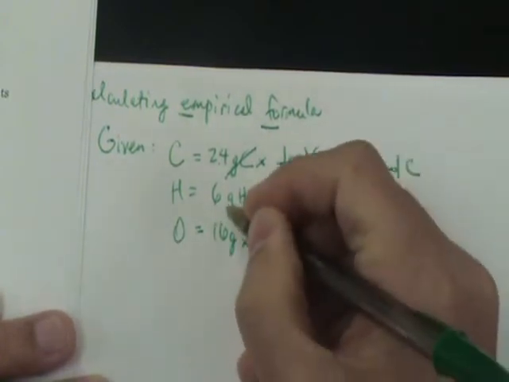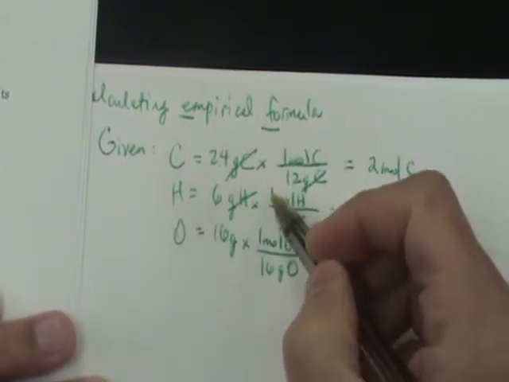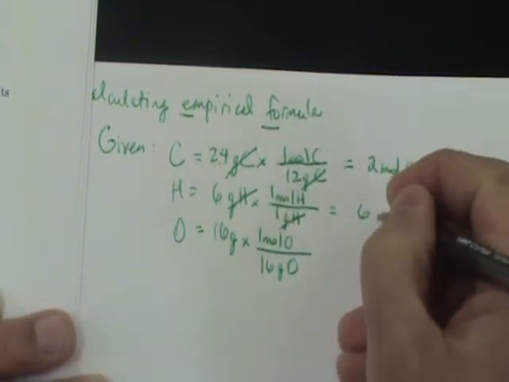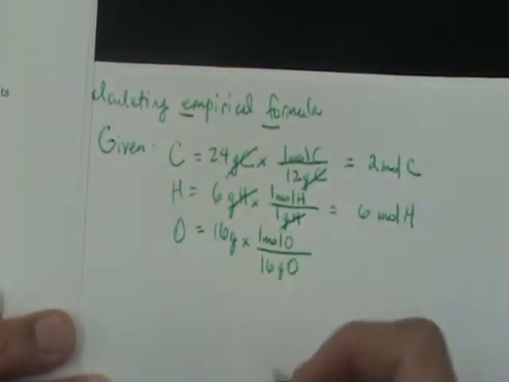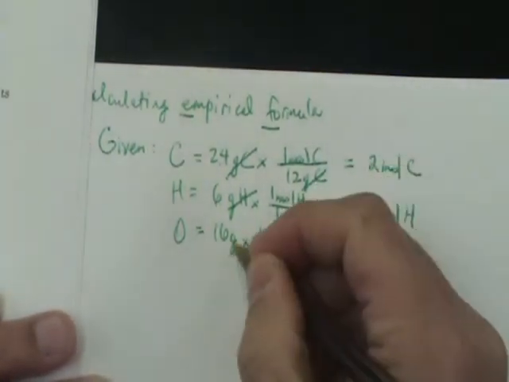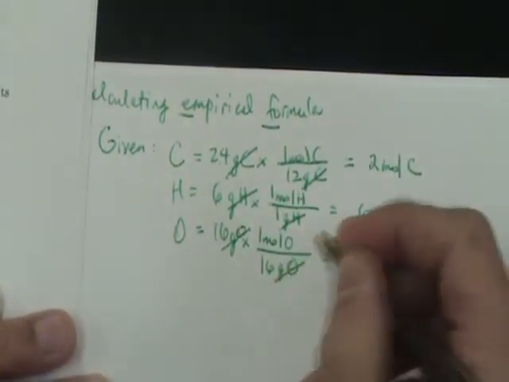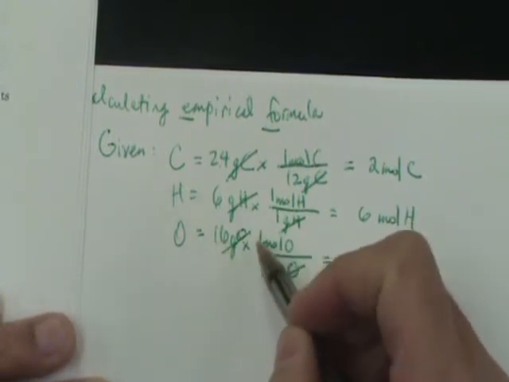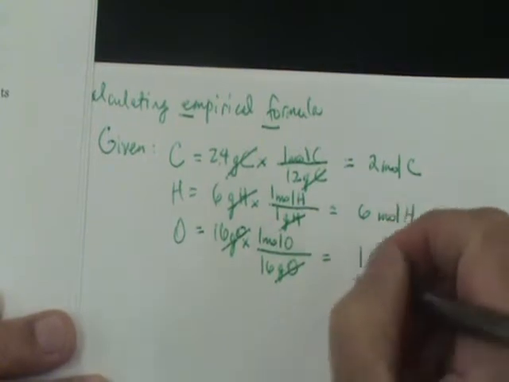Same thing here for hydrogen. That's 6 times 1 is 6 divided by 1. That gives us 6 moles of hydrogen. And then same here. Grams of oxygen cancel. 16 times 1 is 16 divided by 16. That gives you 1 mole.